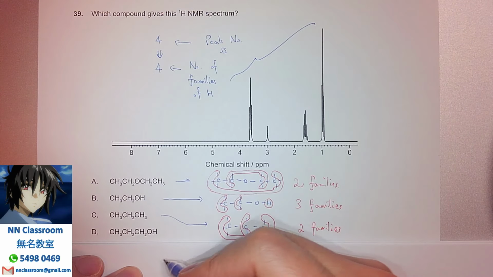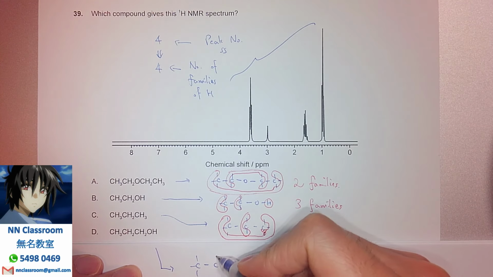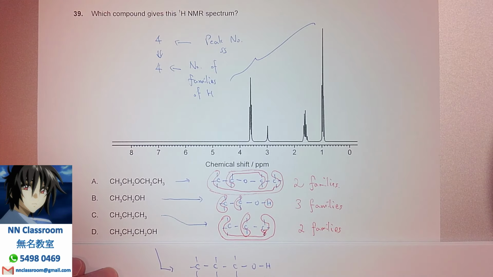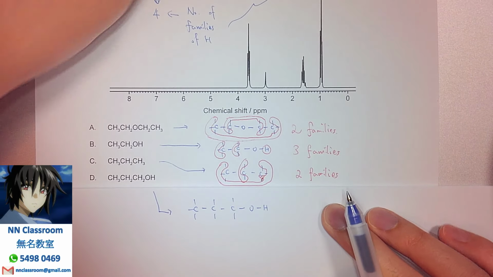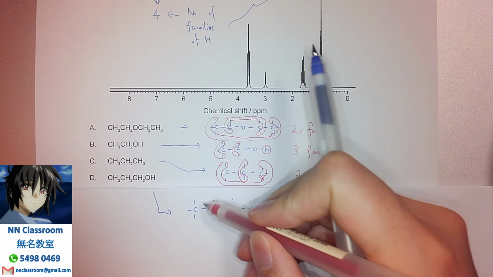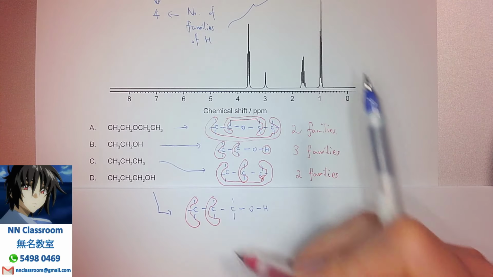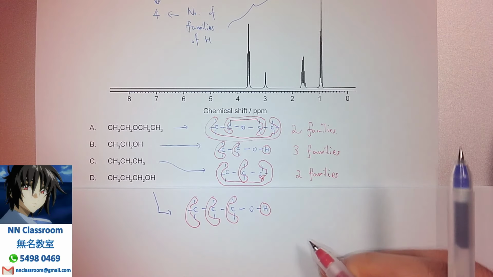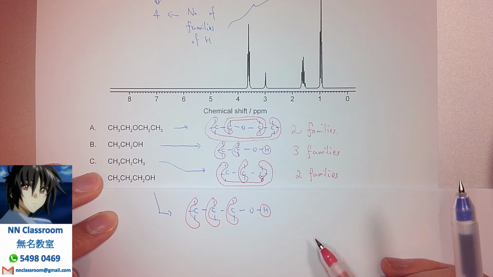And finally for D, if you look at choice D, this is going to be an asymmetrical carbon chain, thanks to the hydroxyl group. If I point this out, right, then you realize that the end carbon contains 3 hydrogens in the same family, 2 in an individual family, another 2 in an individual family, and finally 1 at the corner bonded to the hydroxyl group as an independent family.